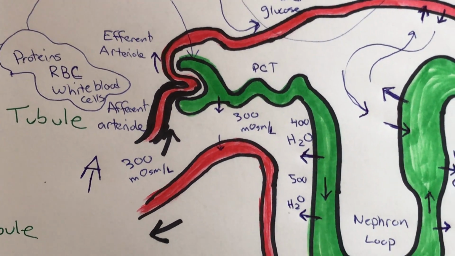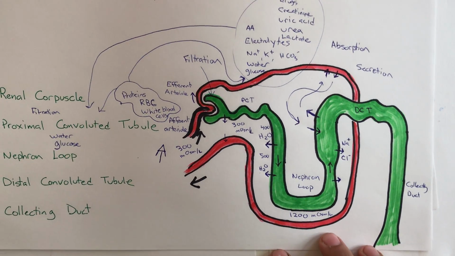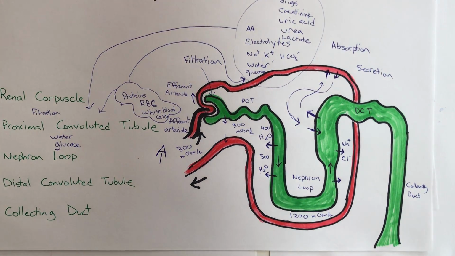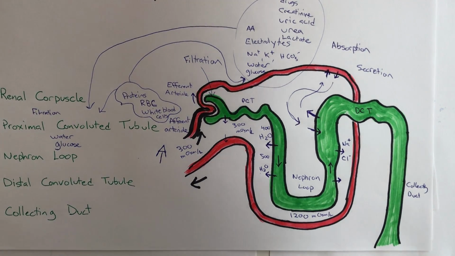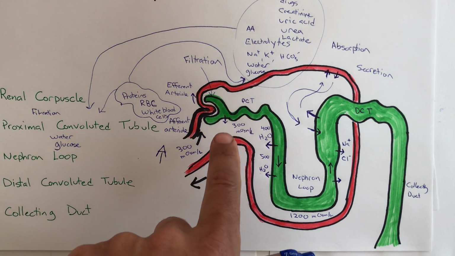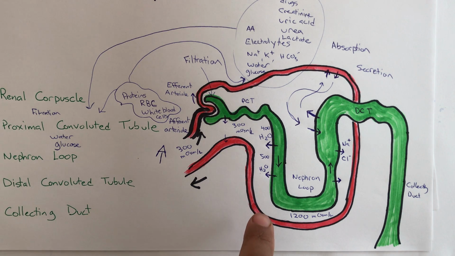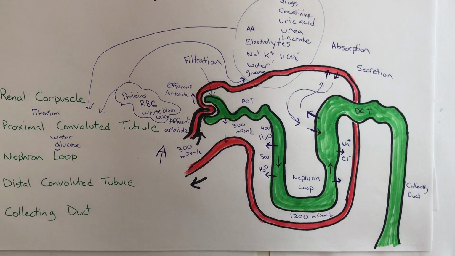Why is that important, or what is occurring? The concentration of the renal tubule is going up, from 300 to 400, 500, 600, 700, all up to 1200. How is the concentration going up?